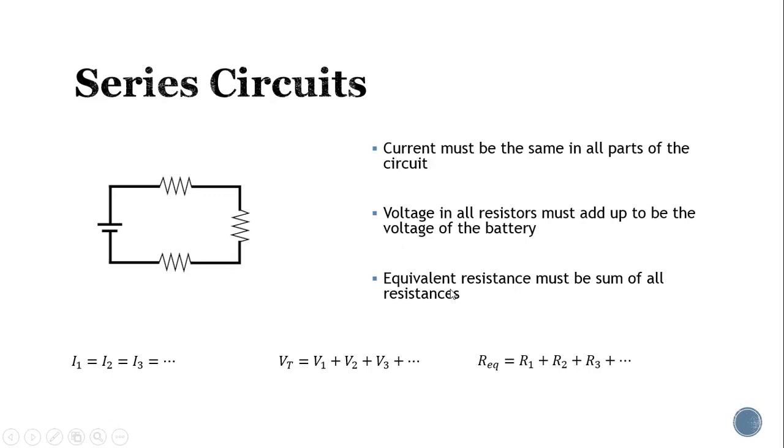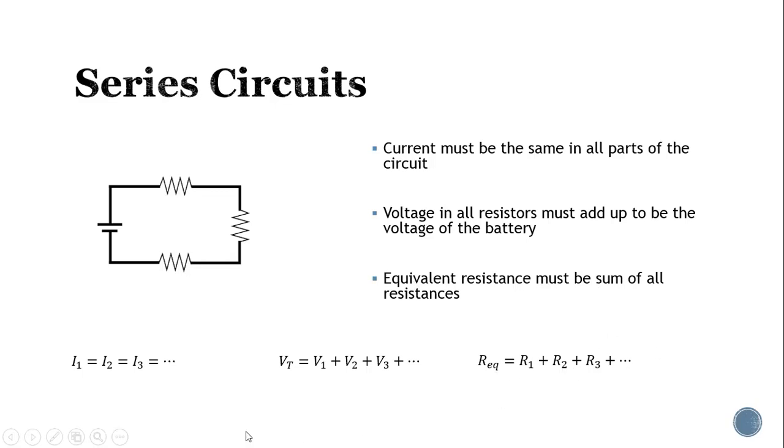The third statement is what we would call equivalent resistance. Equivalent resistance is a single resistor that I could replace all three of these with and have the same circuit, same current, same voltage. So basically it's a way of finding the sum of these resistors. In the case of a series circuit, equivalent resistance is simply the sum of the resistances of the resistors in the circuit.